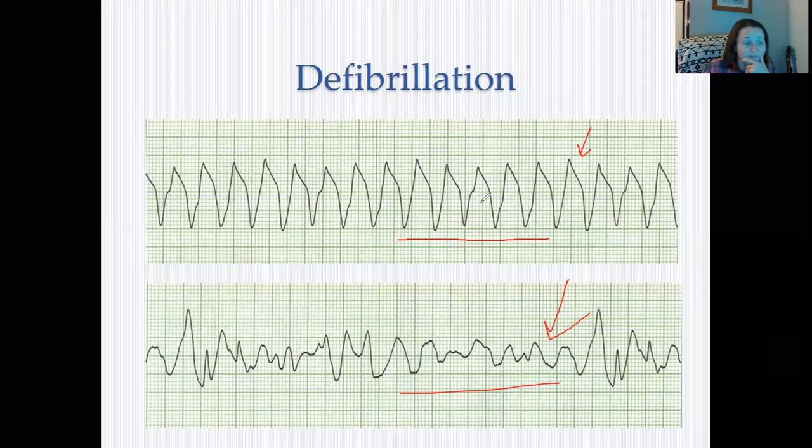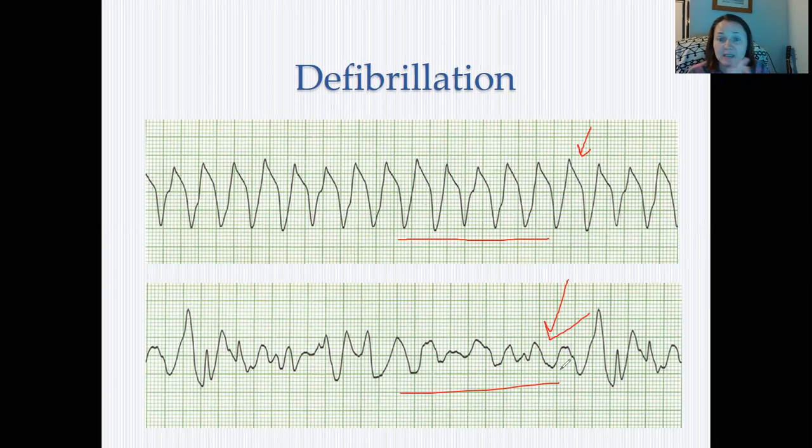Shockable rhythms: VTAC, VFib. Those are your shockable rhythms. Asystole and PEA are not shockable. You cannot defibrillate asystole or PEA because the myocardial cells don't have any electrical impulses within them.